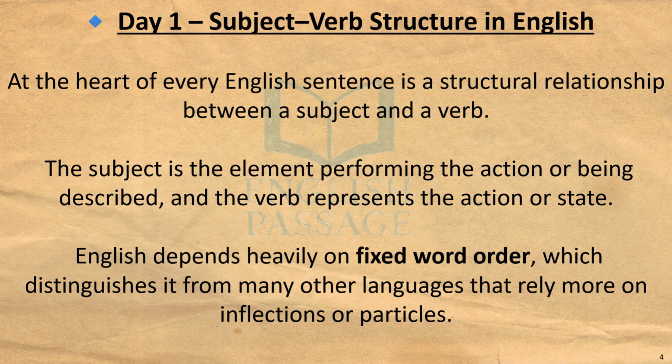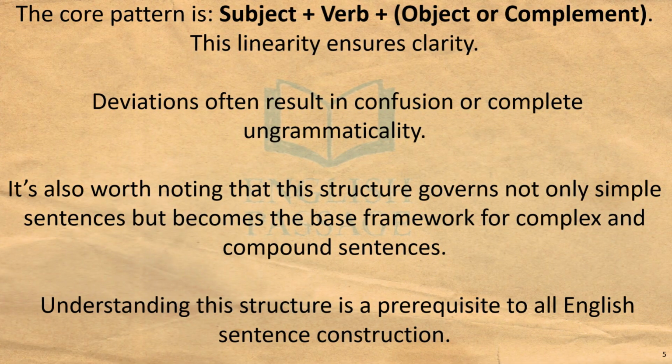English depends heavily on fixed word order, which distinguishes it from many other languages that rely more on inflections or particles. The core pattern is subject plus verb plus object or complement. This linearity ensures clarity. Deviations often result in confusion or complete ungrammaticality.